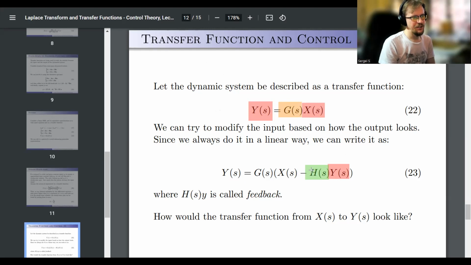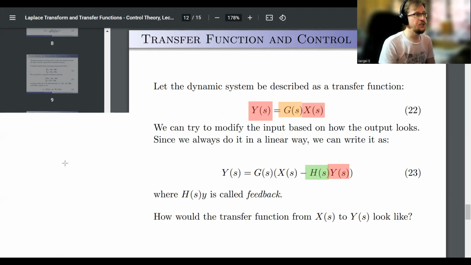In fact, let me just quickly show you this schematically. Maybe it will help. Next time we'll see it more clearly, right? So what we are trying to do is we have input.